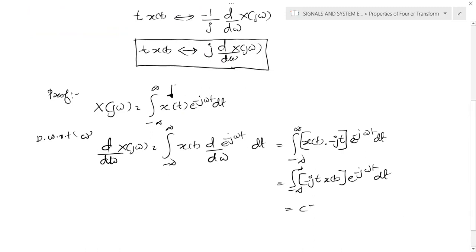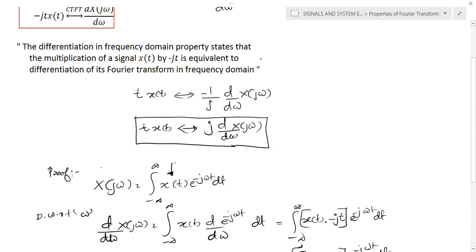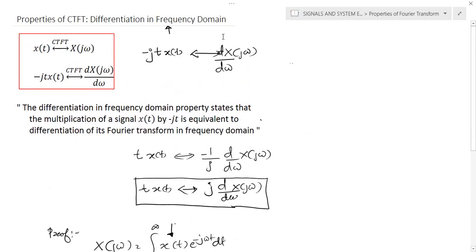So you can write it's the continuous time Fourier transform of the signal minus j t into x of t. This is the right hand side. The left hand side is simply d by d omega into X of j omega. If you rearrange, you can write the first equation. Okay, thank you.